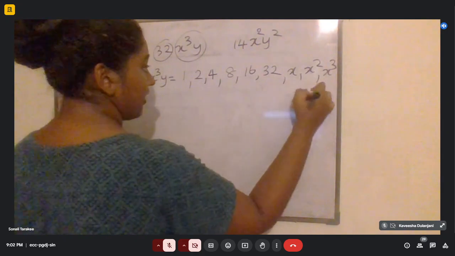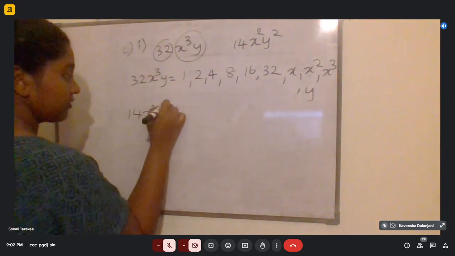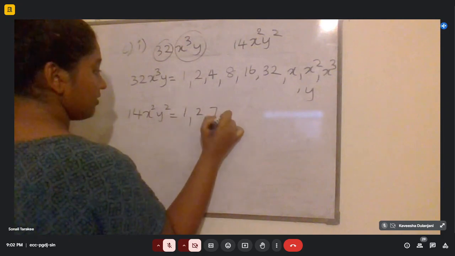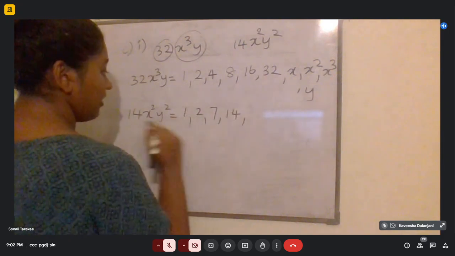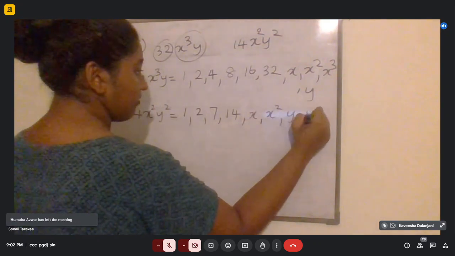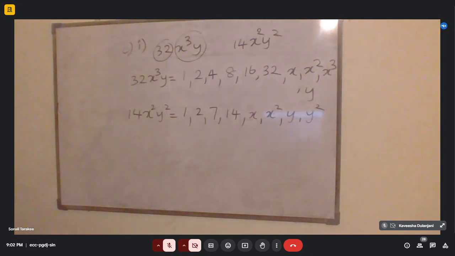And then you have y. For the 14 x squared, y squared, 14 you can write 1, 2, 7, 14. X squared, y squared, you can write x squared, y, and y squared. So these are the factors of 14 x squared, y squared.